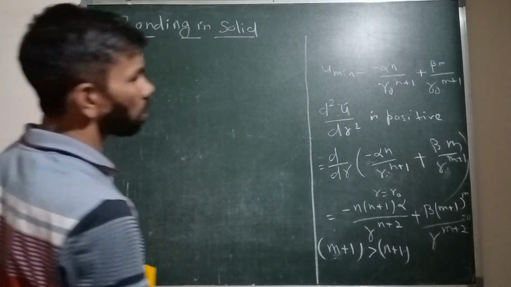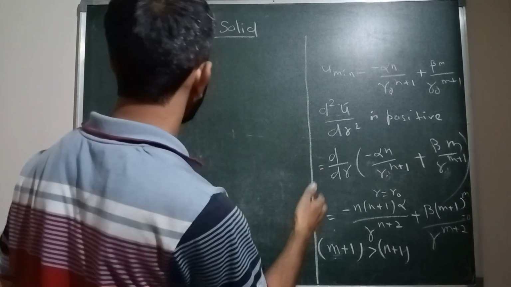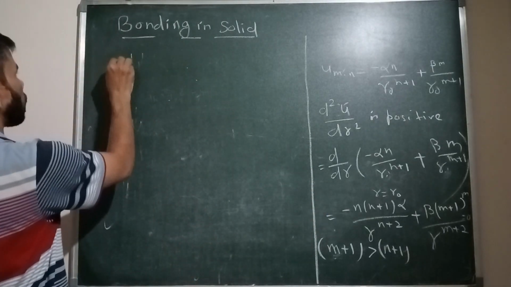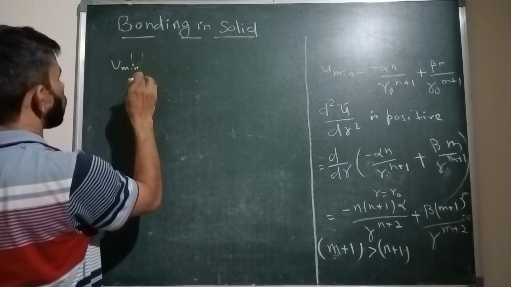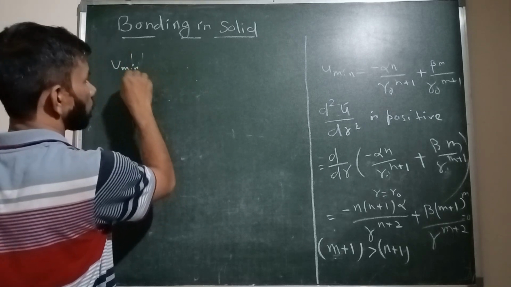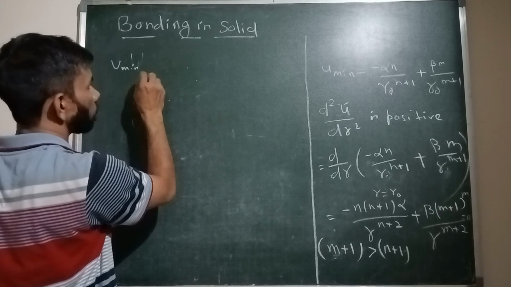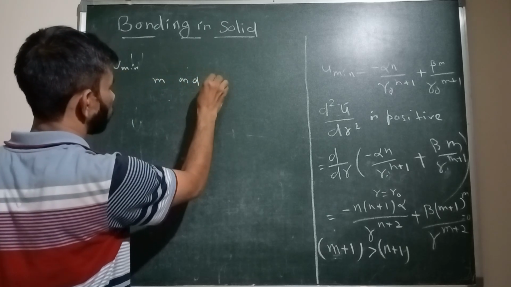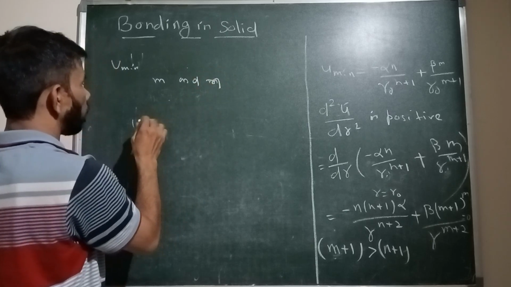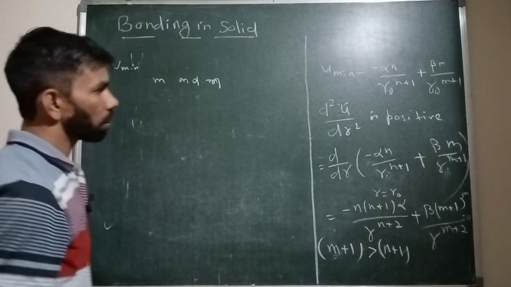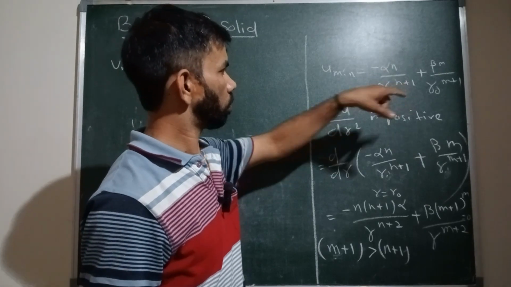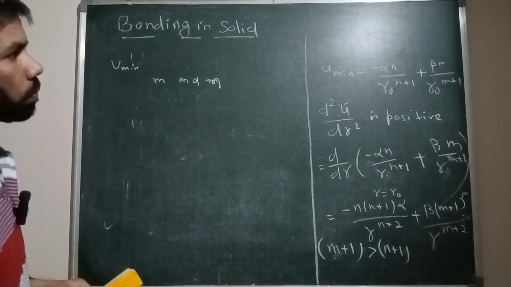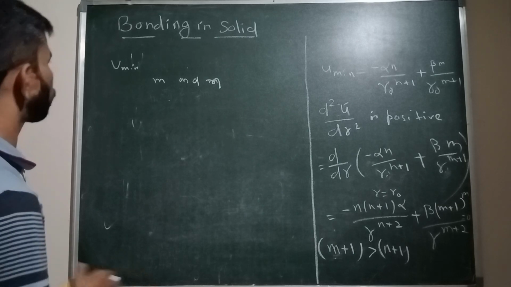So this overall derivation shows the minimum potential energy depends on m and n. m and n are constants, alpha and beta are also constants, and R is the separation between two atoms.